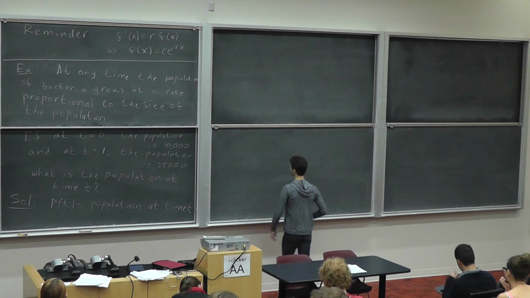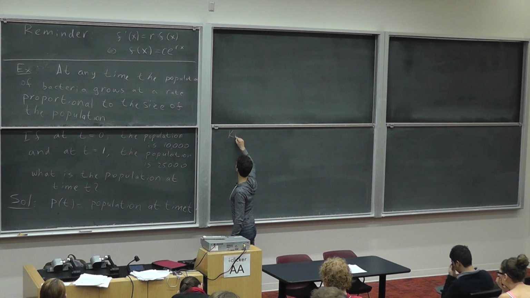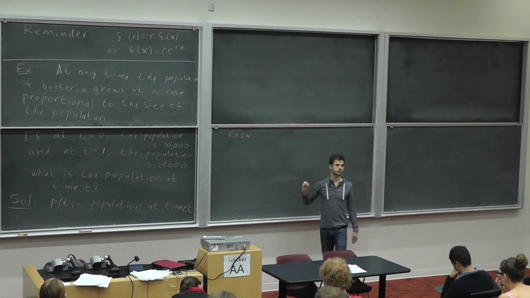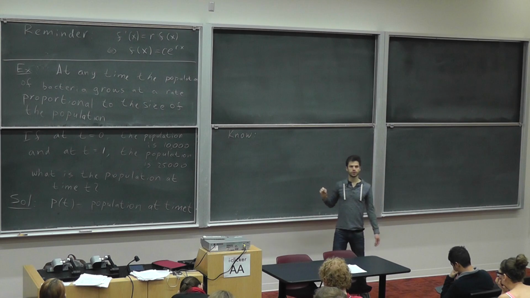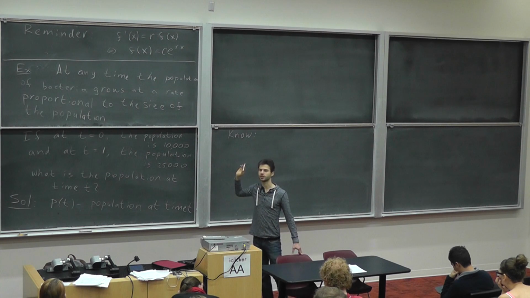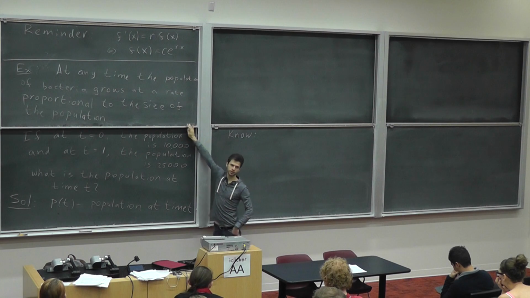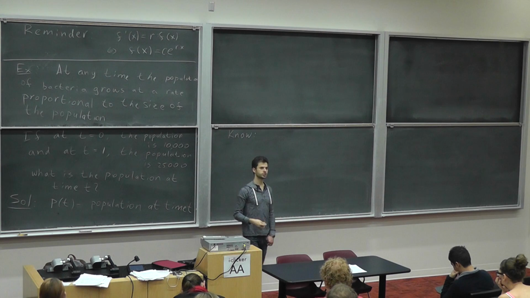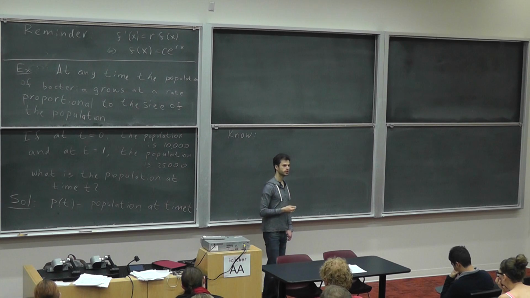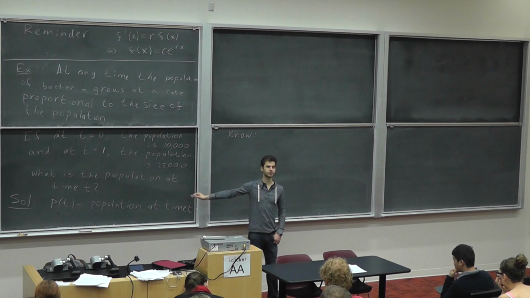Well, what do we know? We have three things here. One is this rate. At any time, the population's rate of change is proportional to the population size. How can I express this in terms of P?